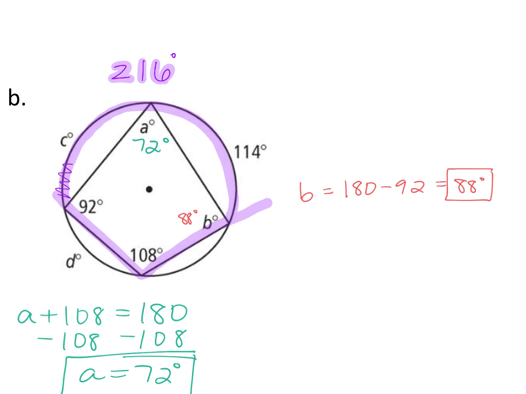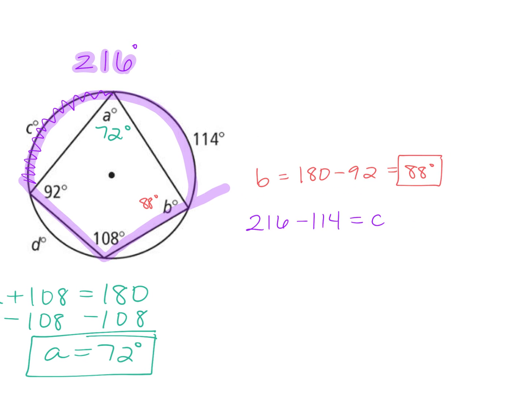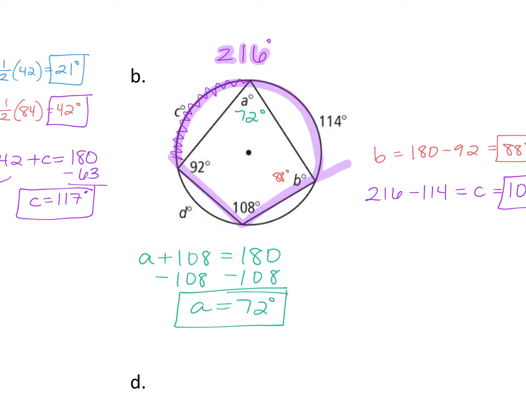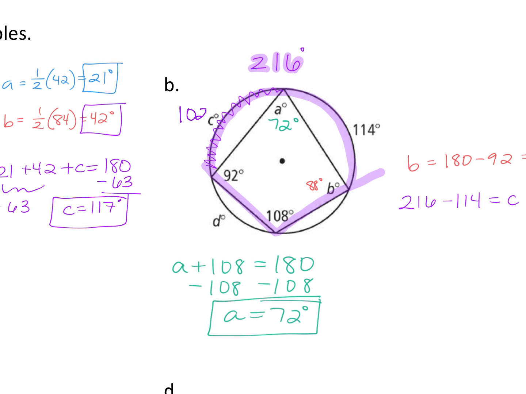So how do you find C? You just subtract the 114. So 216 minus 114 is your C value, which is 102 degrees.